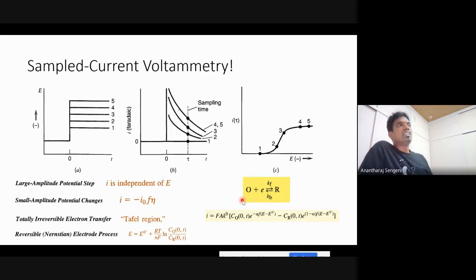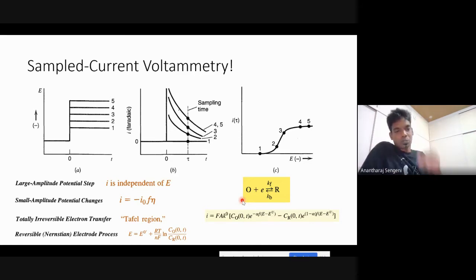But very recently, since the evolution of transient techniques, LSV and CV, despite having a lot of reliability issues, people have almost forgotten using sampled current voltammetry. And this can be used in various ways and can actually become more advantageous than our CV and LSV that we use in our laboratory on a day-to-day basis.